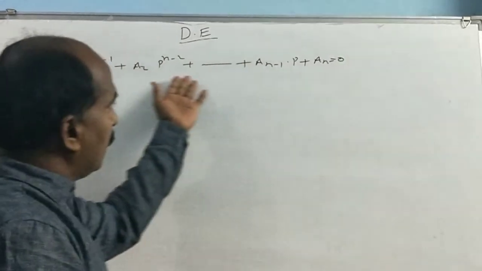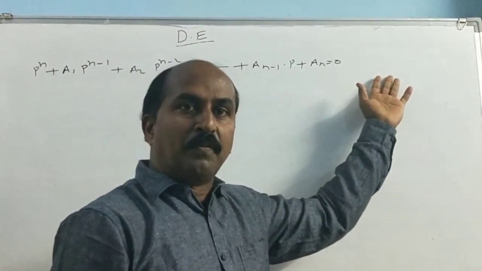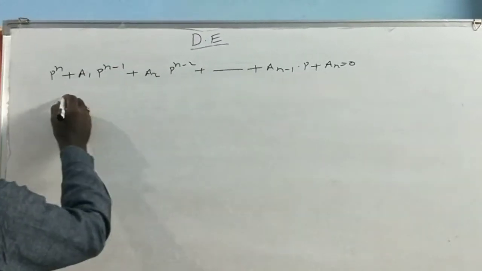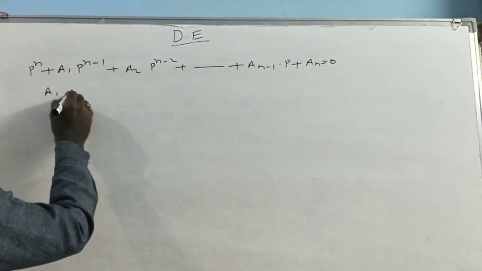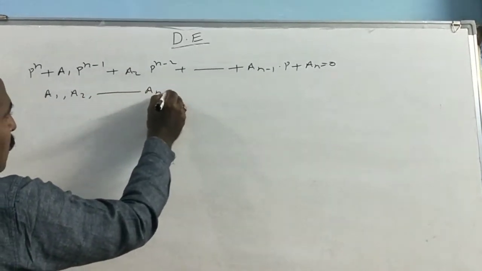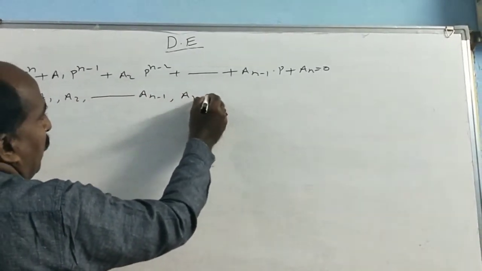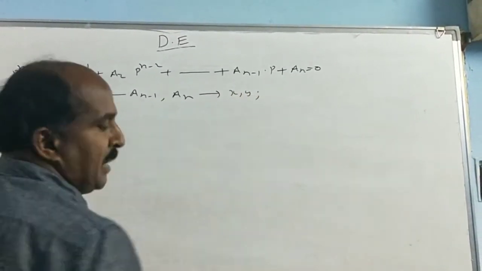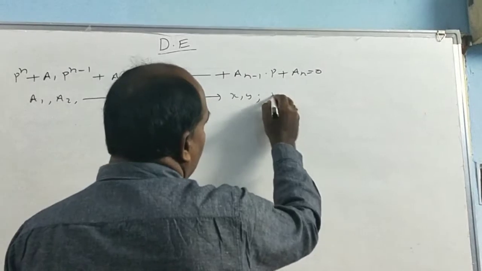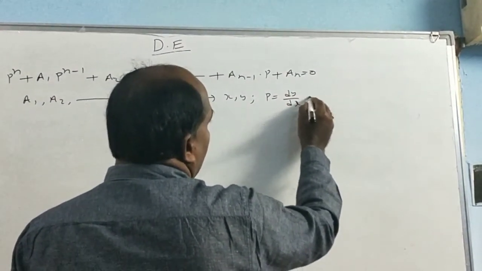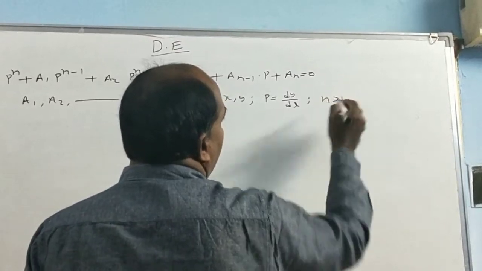This equation represents a first order nth degree differential equation. Here a1, a2, and so on up to an are functions in terms of x, y, and p equal to dy by dx, and n is greater than 1.